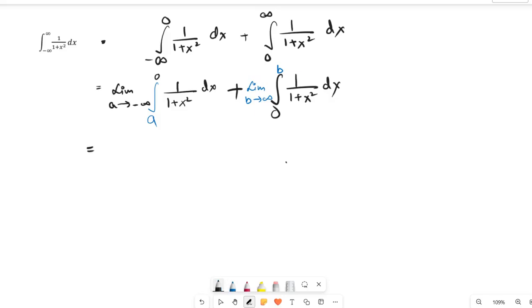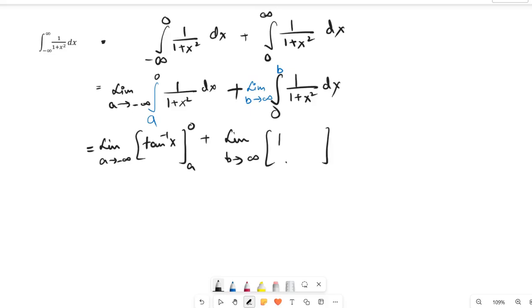Okay. Now, integral of 1 by 1 plus x squared is tangent inverse x using our formula. The limits are from a to 0, with the limit taken as a approaches negative infinity, plus limit b approaches infinity. Integral of 1 by 1 plus x squared is tangent inverse x, 0 to b.